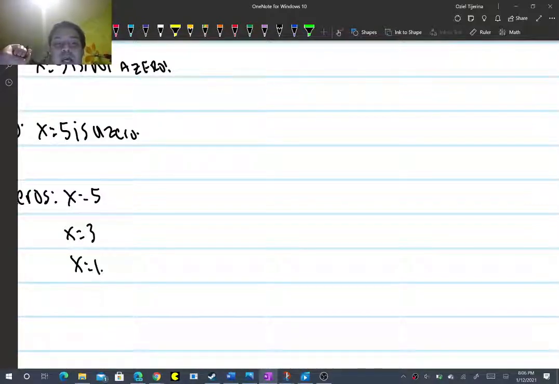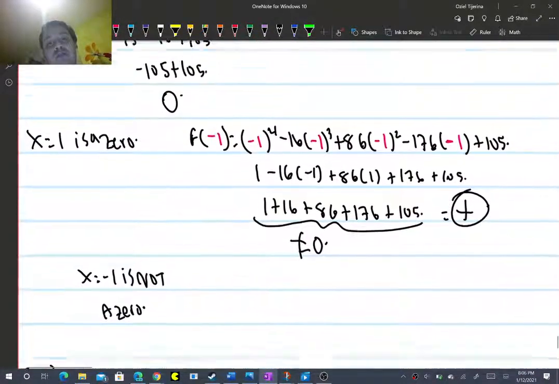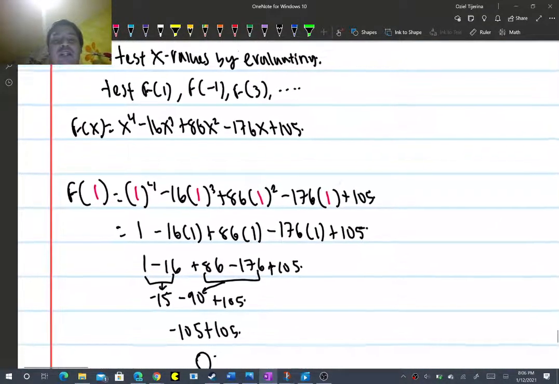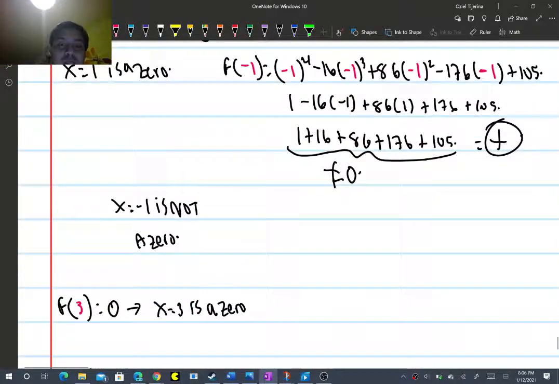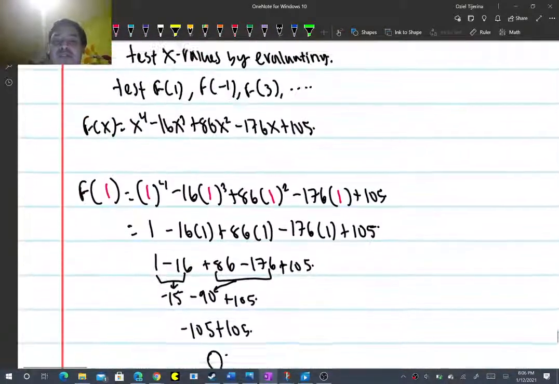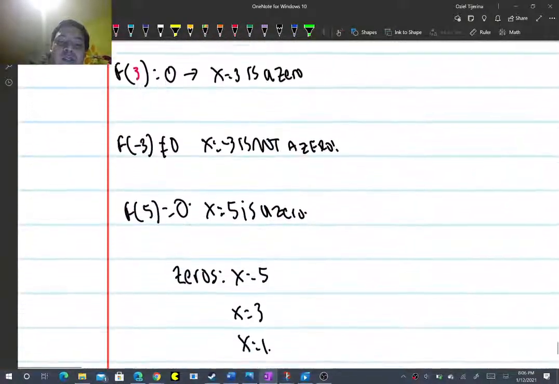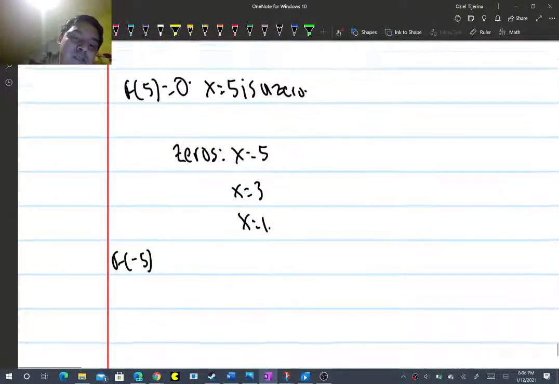Like I said, you can still keep doing rational root theorem. However, if you really know how to do polynomial long division, I would also recommend that. In this case, since we've already been doing rational root theorem, I'll just finish it off with rational root theorem. So we already tested f of 5. We're going to do f of -5 to see if that's a 0.